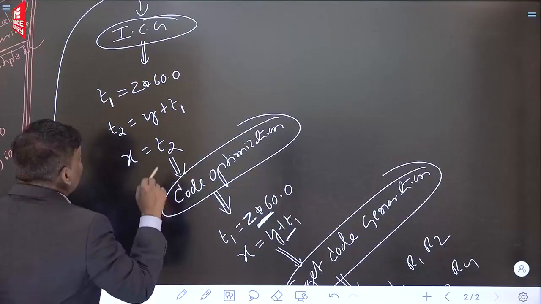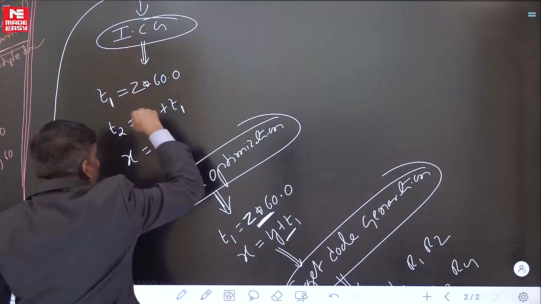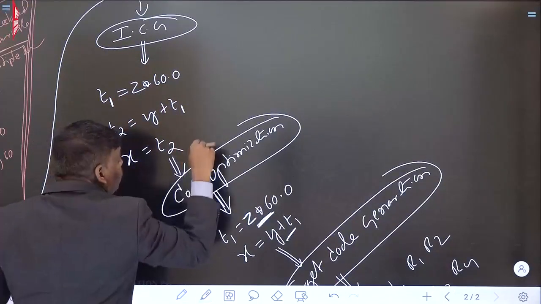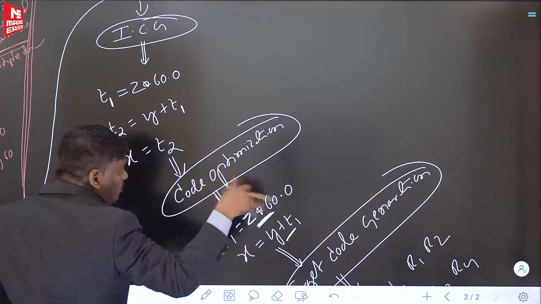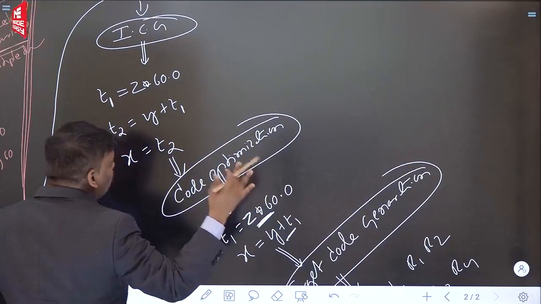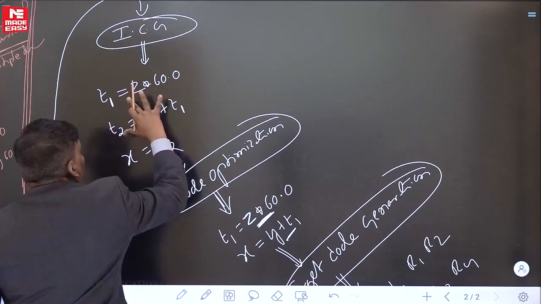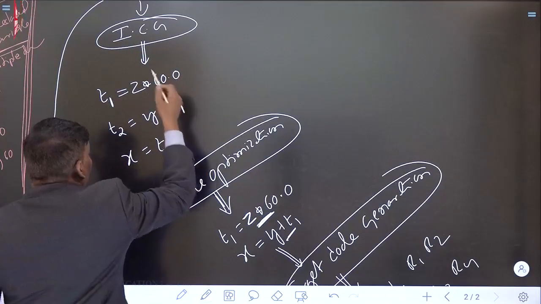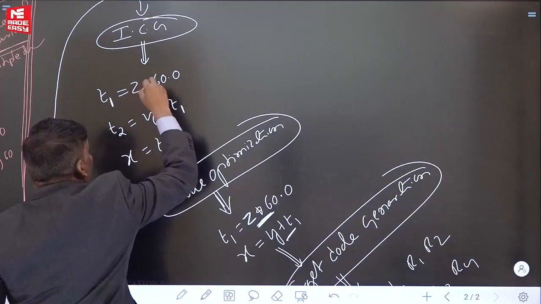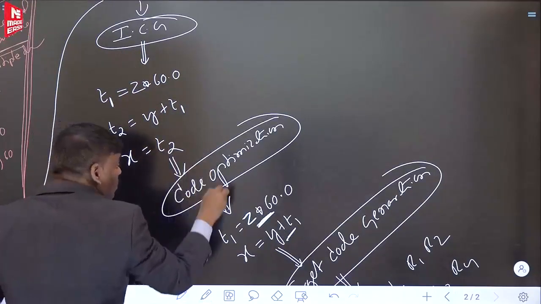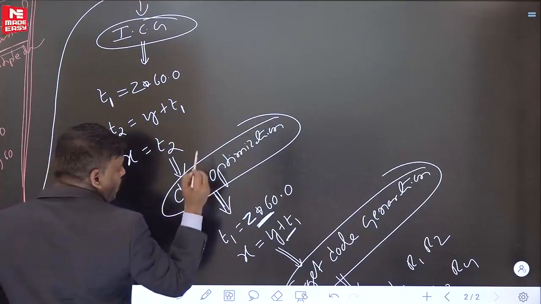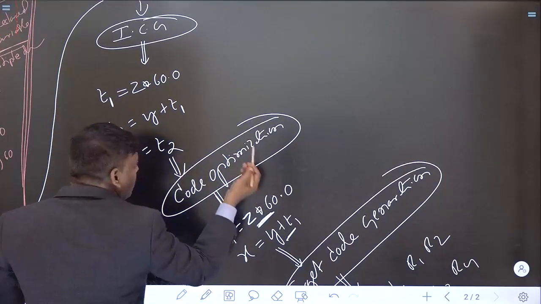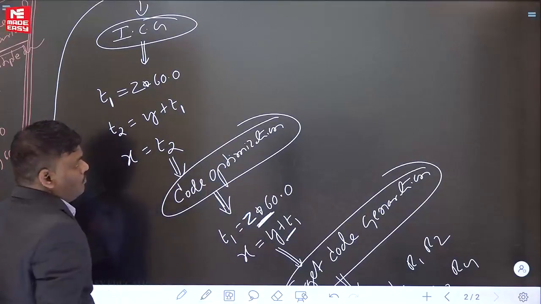In some compilers, they write the intermediate code first and do optimization on that. In some compilers there is no separate code optimization; directly in the intermediate code itself they do it. If you do it properly while writing the intermediate code, this phase is not required. So this phase is optional in some compilers. In some compilers code optimization is there, in some it is not.